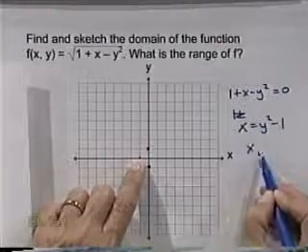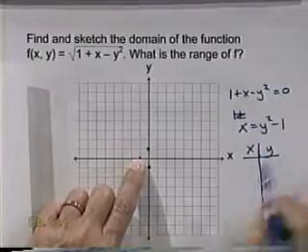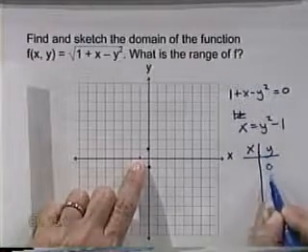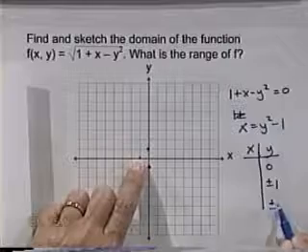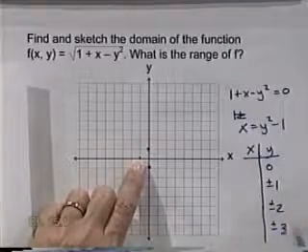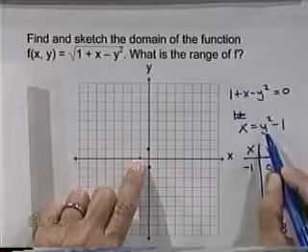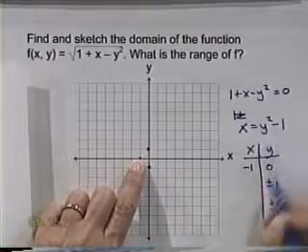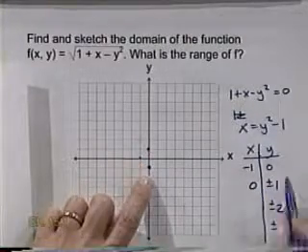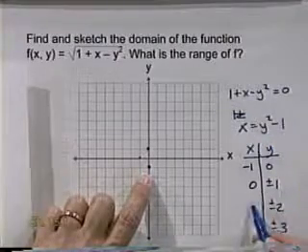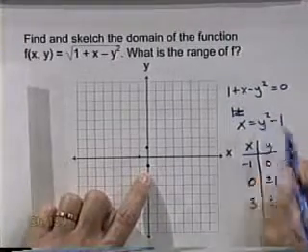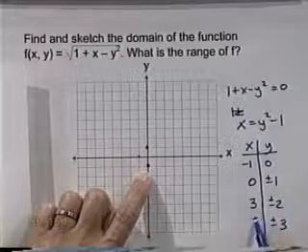Let's just make a little chart here. We're letting y be 0, plus or minus 1, plus or minus 2, plus or minus 3. You pop in a 0 here, you get 0 minus 1, which is negative 1. Plug in a 1, 1 squared minus 1 is 0. Plug in a 2, 2 squared is 4, minus 1 is 3. Plug in a plus or minus 3, 9 minus 1 is 8.